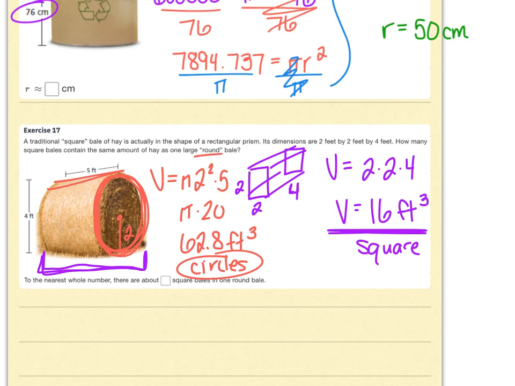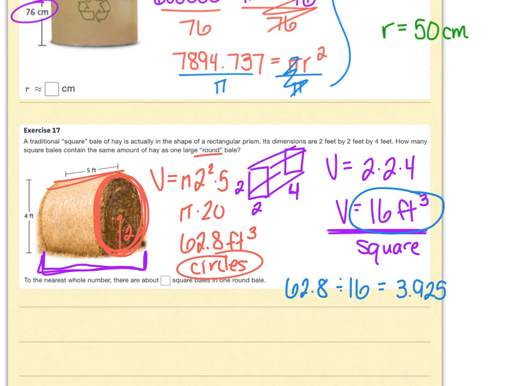So if I want to know how many square bales would fit into this circular bale, or round bale, I guess they're calling it, then I need to divide to figure out how many 16s will go into 62.8. And so I'm going to do 62.8 divided by 16 to figure out how many of these square bales would fit inside that cylinder. And I get 3.925.